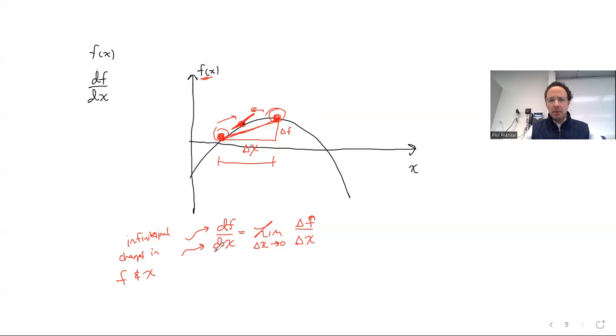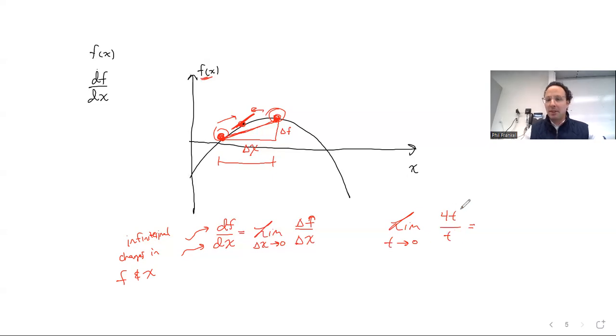Sometimes people look at this and they say, wait, if dx is really, really tiny, like delta x but shrunk down to 0, isn't dividing by 0 a problem? Sometimes dividing by 0 is a problem, but sometimes it is not. For instance, if I take the limit as t approaches 0 of the expression 4t divided by t, then as t approaches 0, the denominator is going to 0.